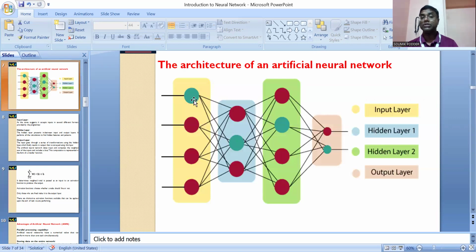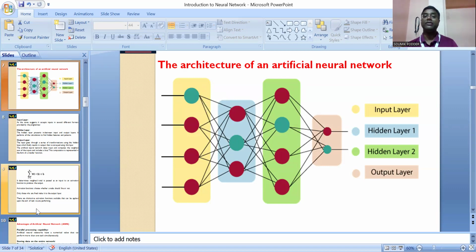The first node is connected with the first node of hidden layer 1, so it becomes W1 or W11. Similarly, the first node is connected to the second node of hidden layer 1, so it becomes W12.